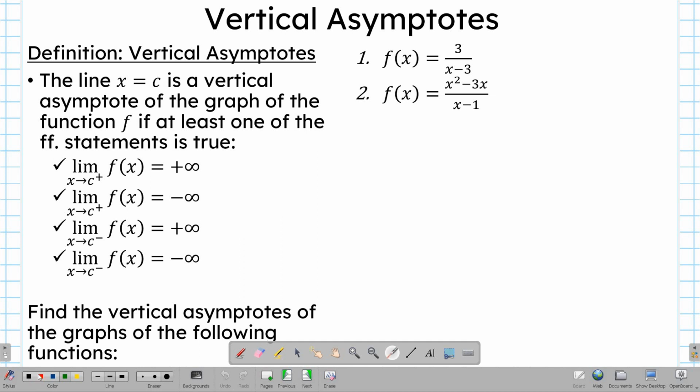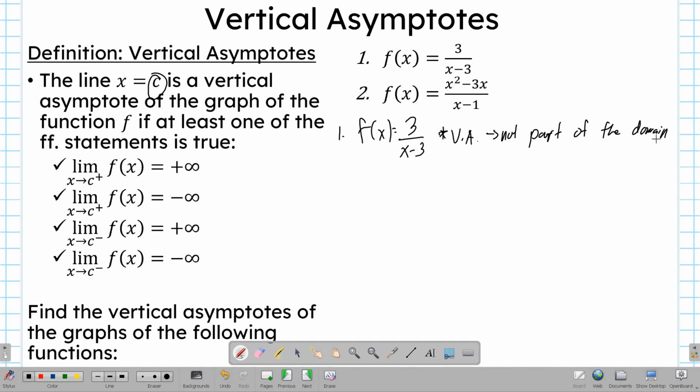Let's try number 1. We have f of x is equal to 3 over (x - 3). The first thing to do is to check what is c. And usually for vertical asymptotes, which I'll abbreviate as VA, your vertical asymptotes are actually those that are not part of the domain of your function.